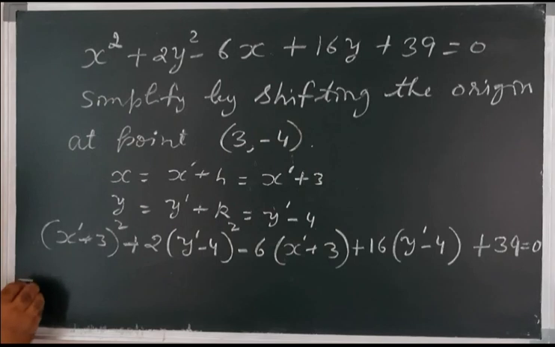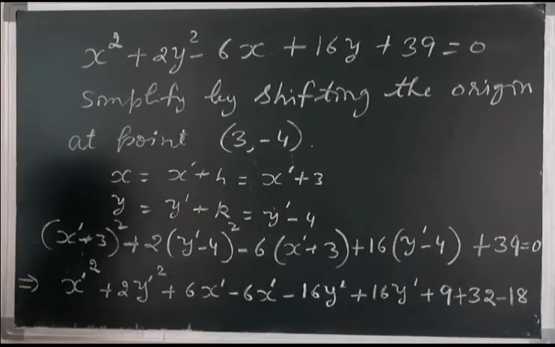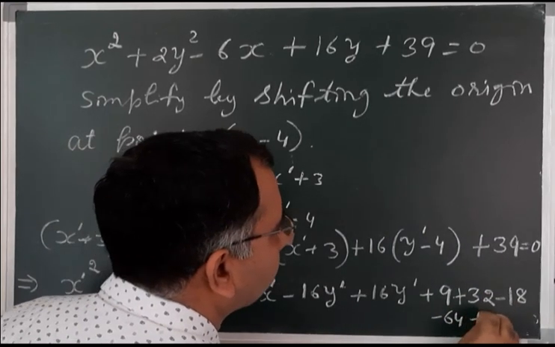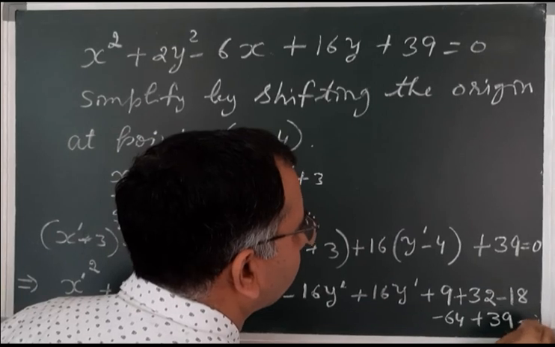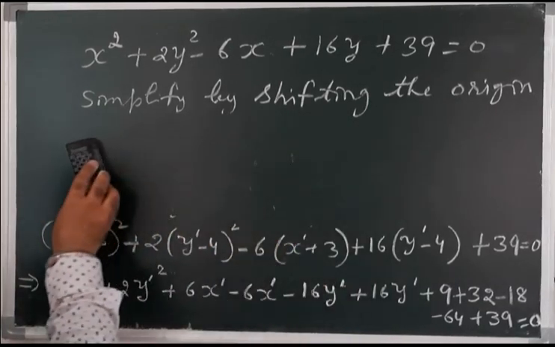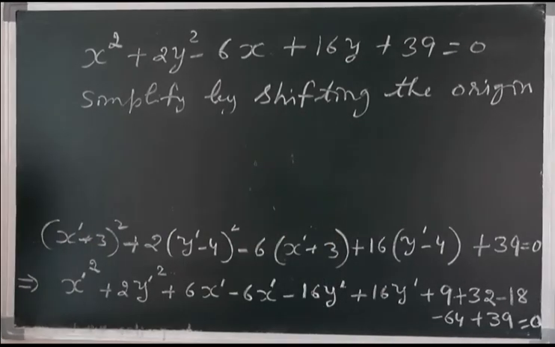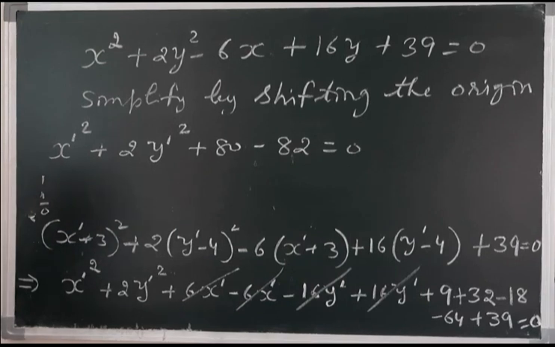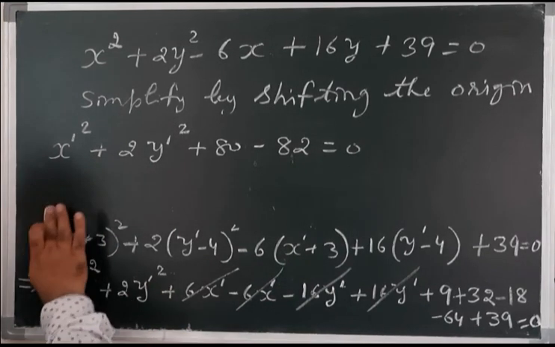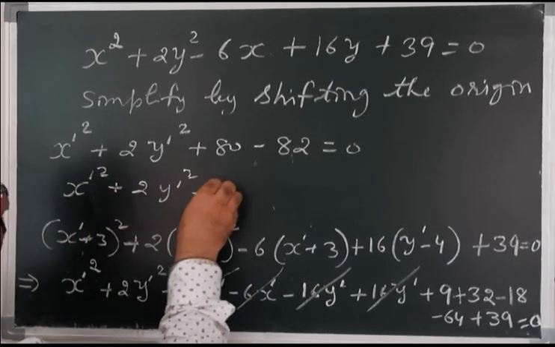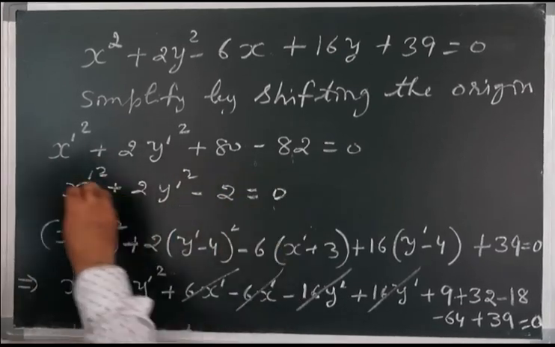So this implies the constant term is minus 64 plus 39 equal to 0. Now see what this equation becomes. This becomes x dash square plus 2 y dash square minus 2 is equal to 0.